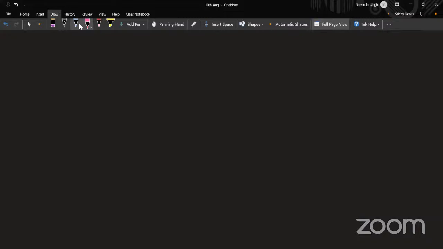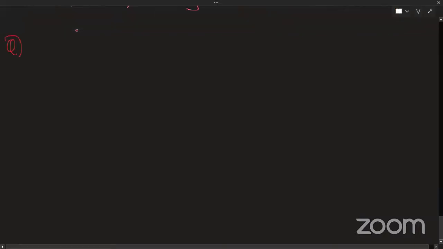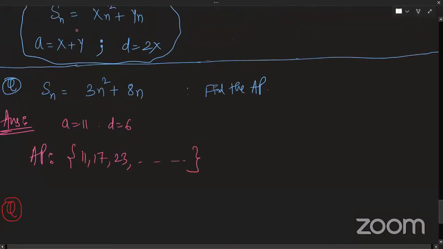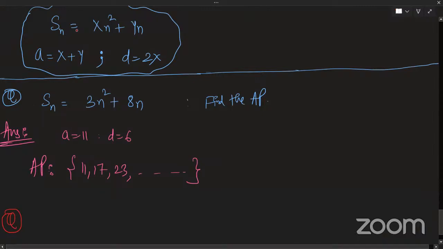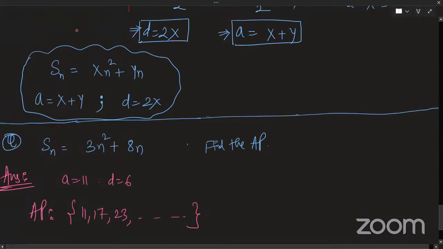Okay, so moving ahead, just one or two more questions we will discuss because today's time is over. Sir, can you please explain the previous question? See, sum of n terms is given to you as 3n square plus 8n. If the sum is given as xn square plus yn, your first term will always be x plus y, and your common difference will be 2 times the coefficient of n square.